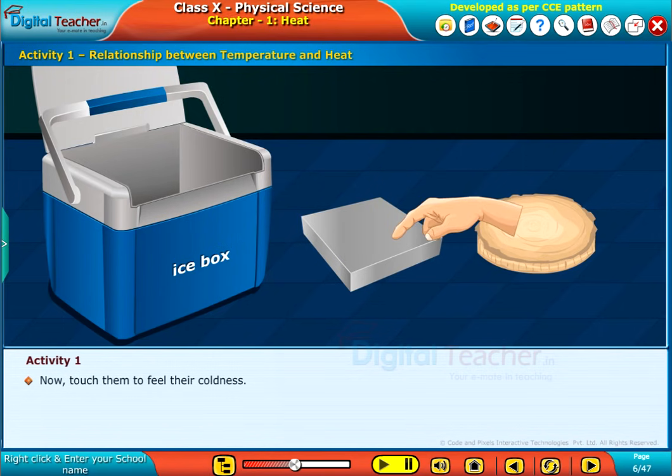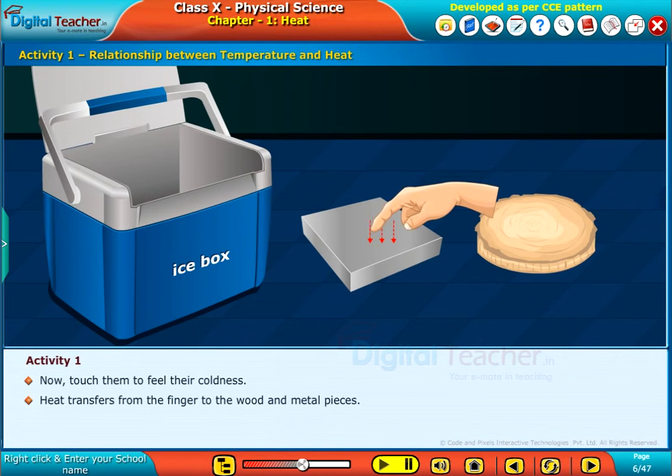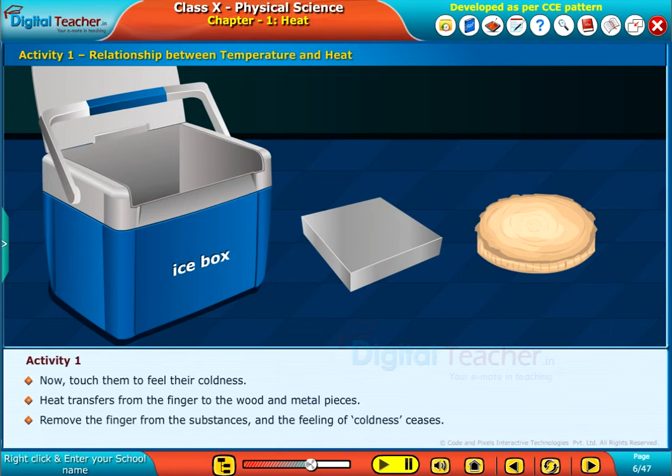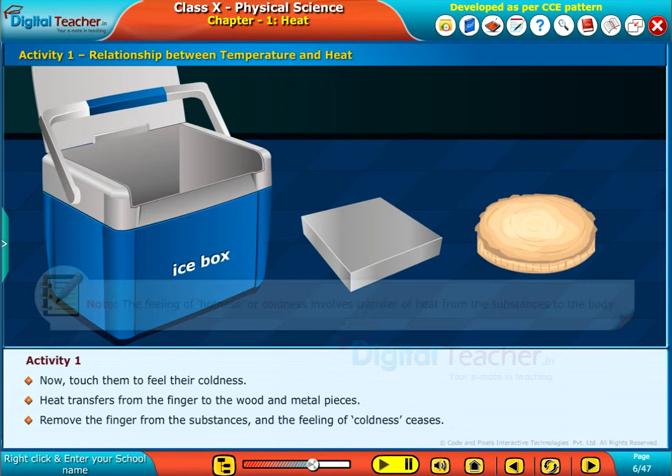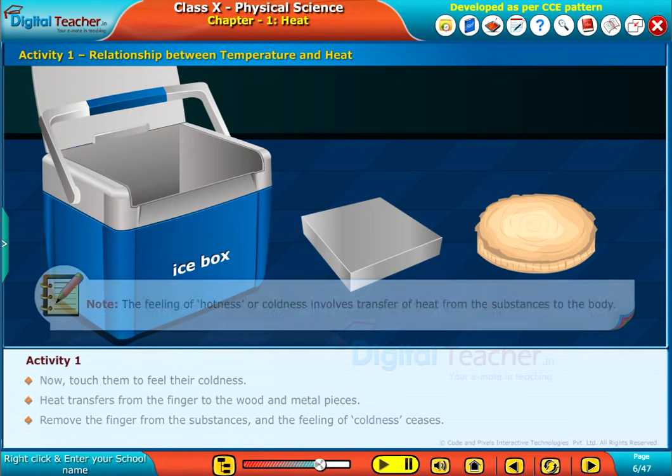Now touch them to feel their coldness. Heat transfers from the fingers to the wood and metal pieces. Remove the fingers from the substances and the feeling of coldness ceases. The feeling of hotness or coldness involves transfer of heat between the substances and the body.